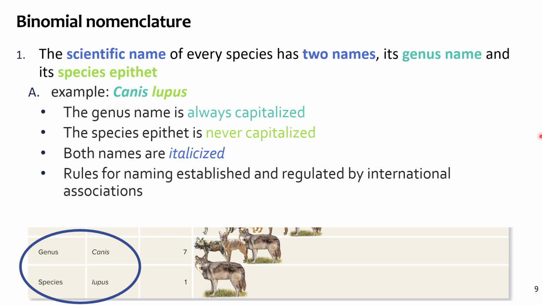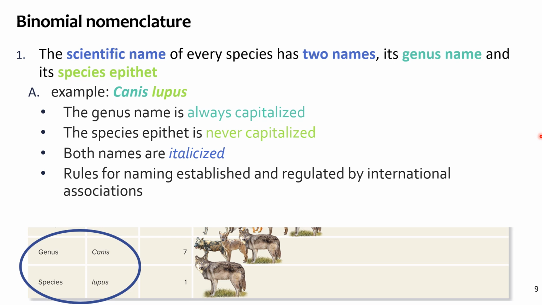Now, these naming rules are not random. There are guidelines for putting organisms into their specific classification. And these guidelines, these names, are recognized by international associations and governing bodies for taxonomy. So believe it or not, there are groups of people that regulate this.